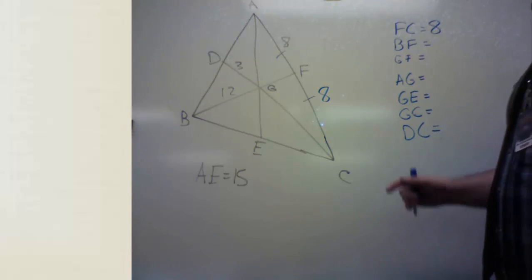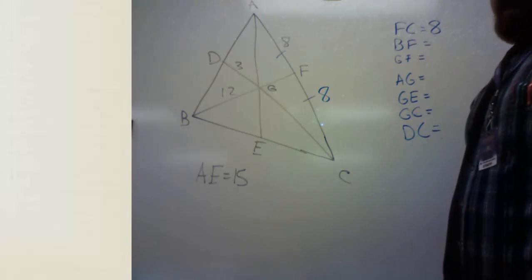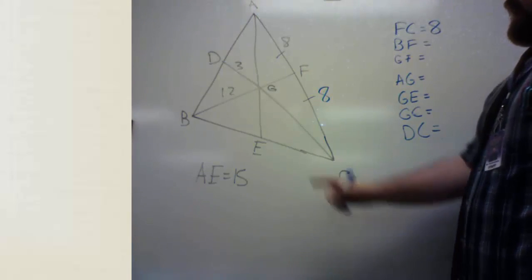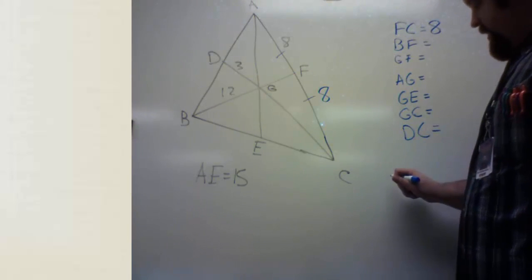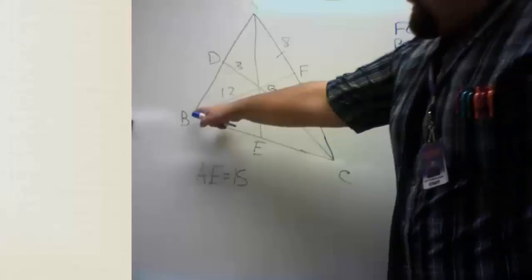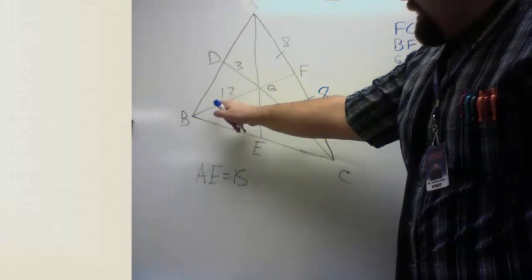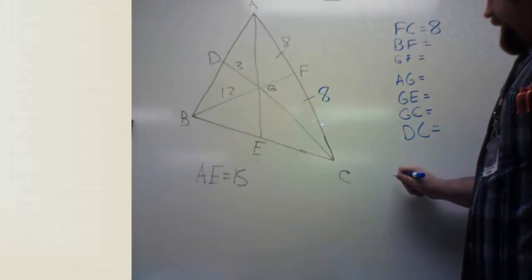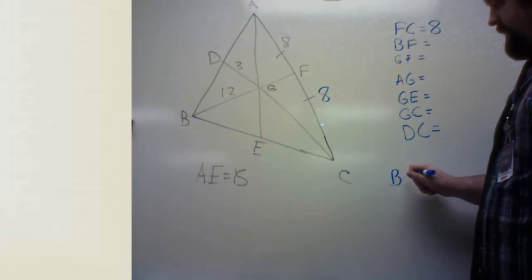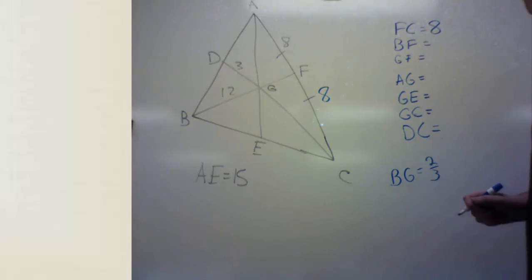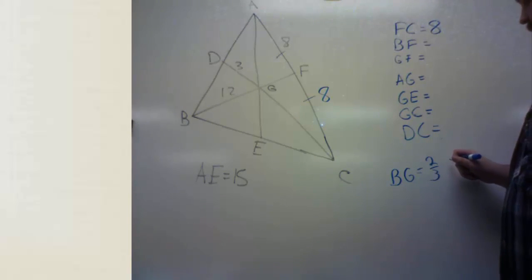Now, if I look at something like the length of segment BF, that's this total length. And I know what length of segment BG is. From B to G is 12. And I'm looking for the full length. I know that the length of segment BG equals 2/3 the length of segment BF.